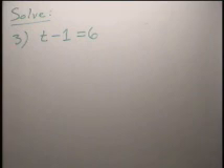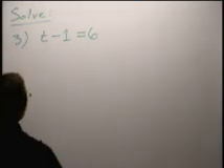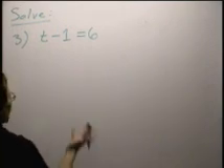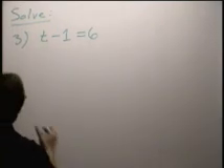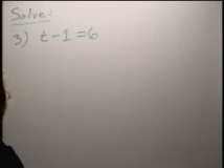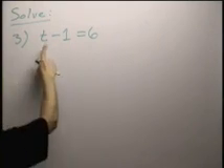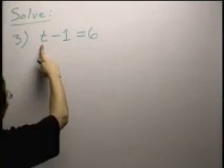A third example, t minus 1 equals 6. In the previous two examples, we were able to solve by subtracting the same amount from each side of the equation. We can do the same thing here by adding the same amount. You see, we want to get our unknown by itself.